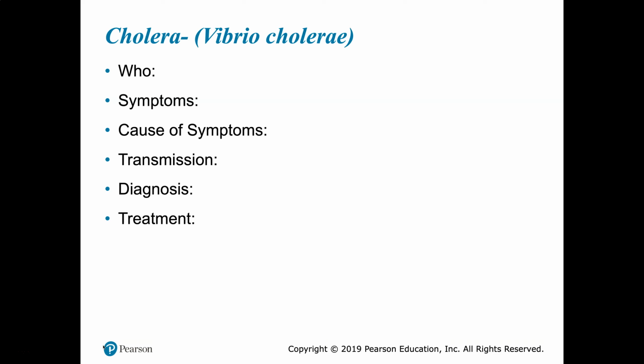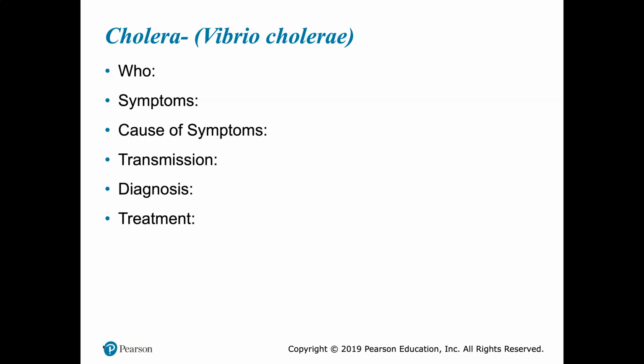Okay, so let me repeat that. The cholera toxin triggers the intestinal epithelial cells to release water and ions into the intestines, which generates the extremely watery diarrhea.